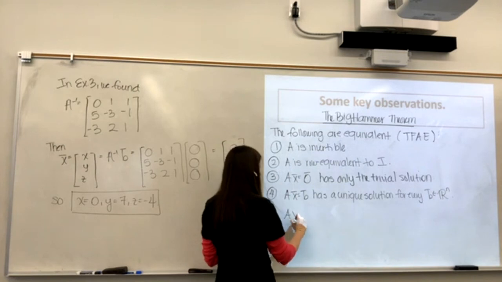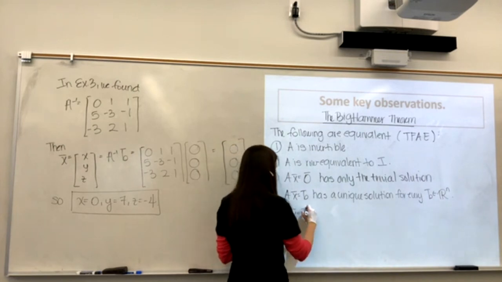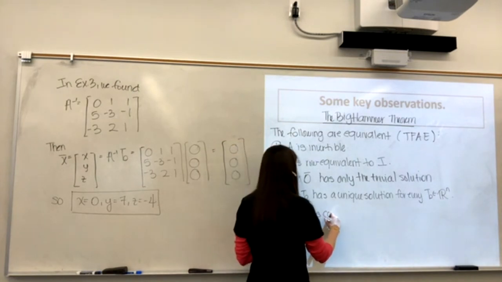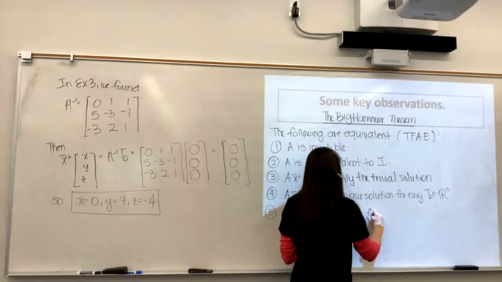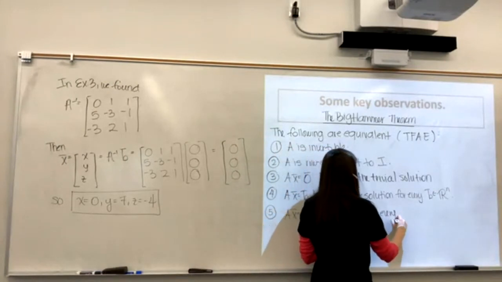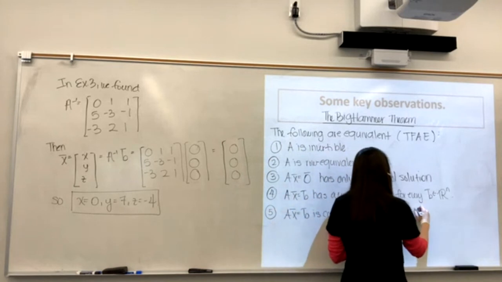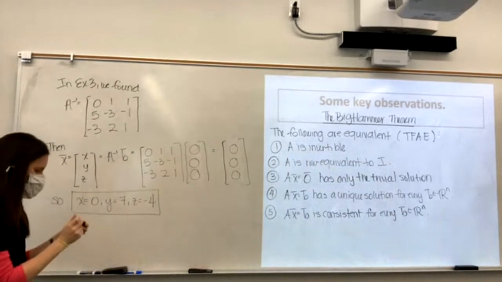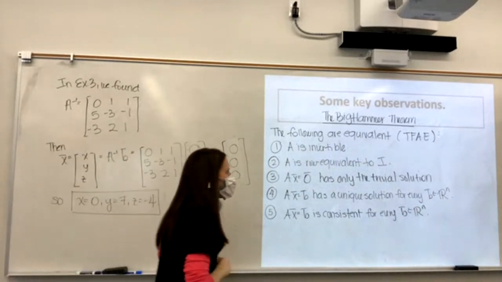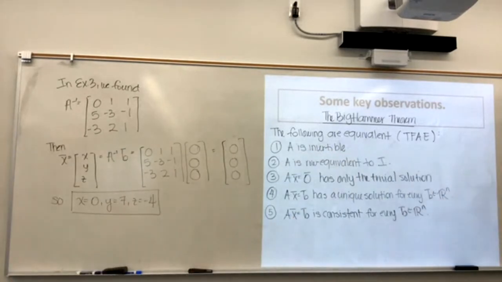And finally, 5, AX equals B is consistent for every B in R^n. So I'll let you write those down for just a second, and then we'll chat about what all that means.